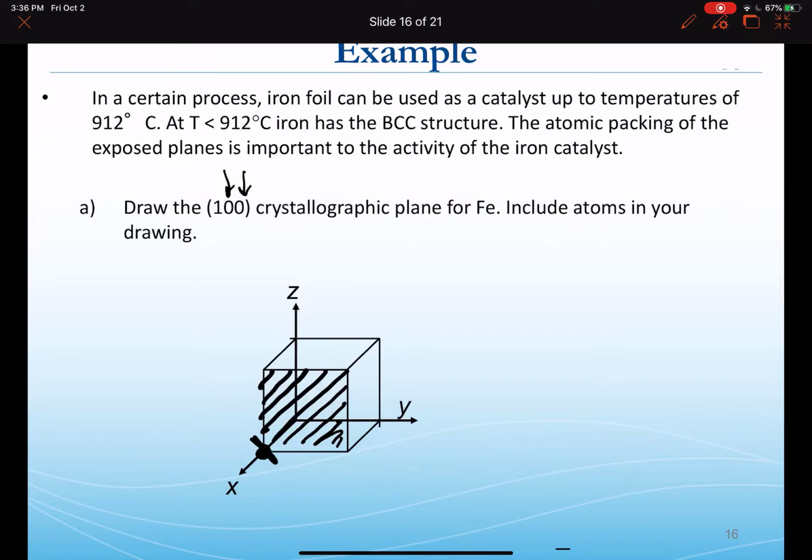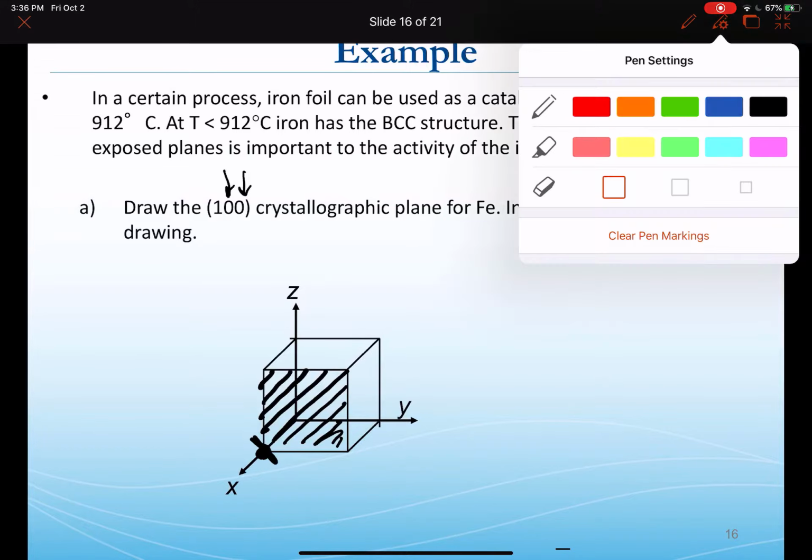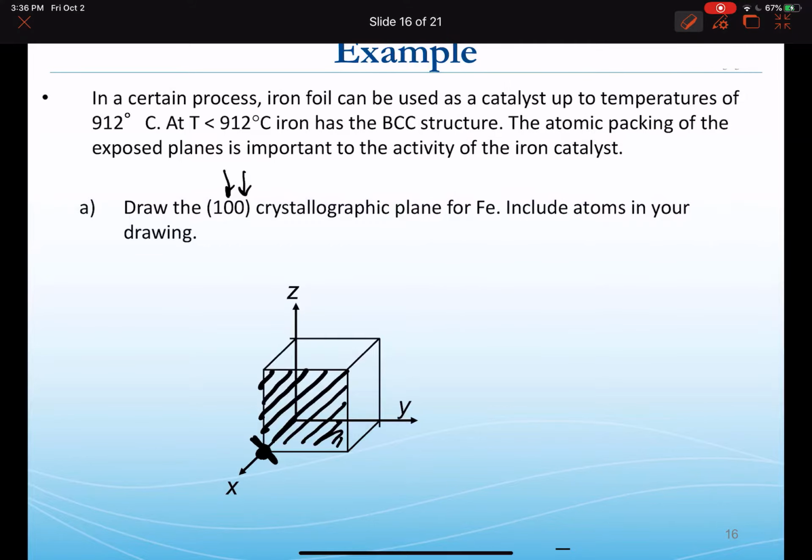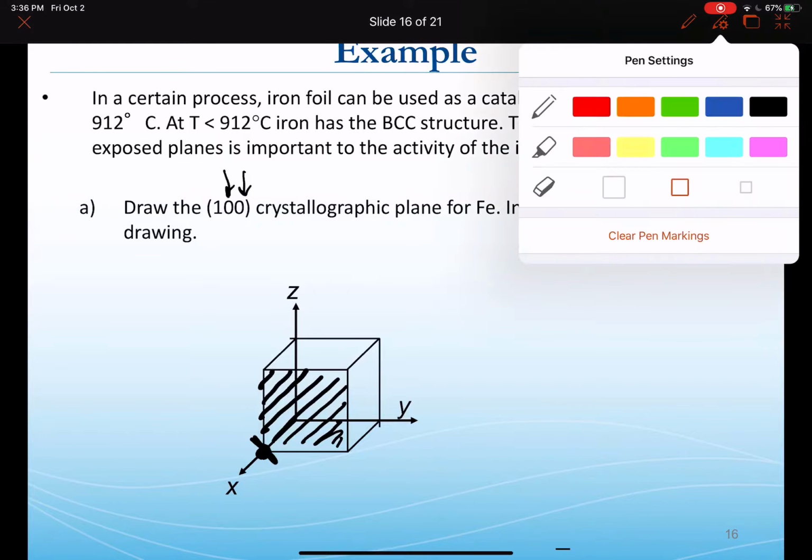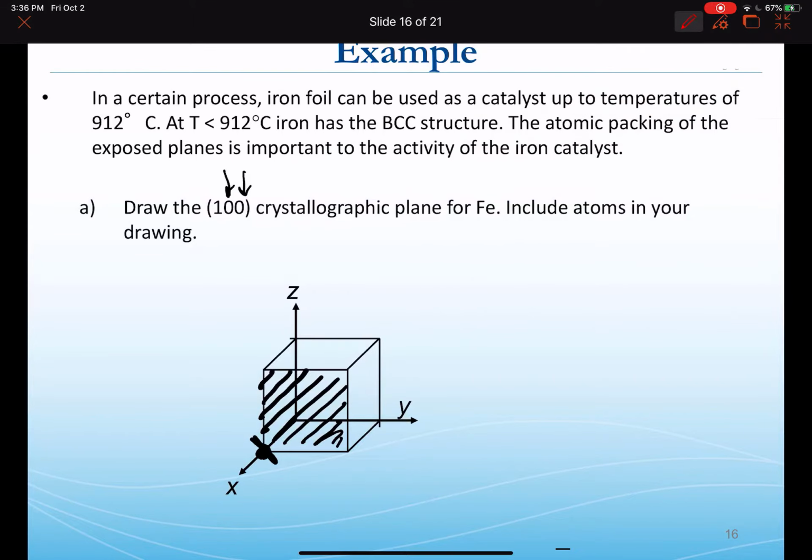So in this system, to populate atoms that are present on this plane, I know that there's atoms at the corners. And of course, there's one behind in the middle, giving us the body-centered feature. And I'm going to kind of leave it there.